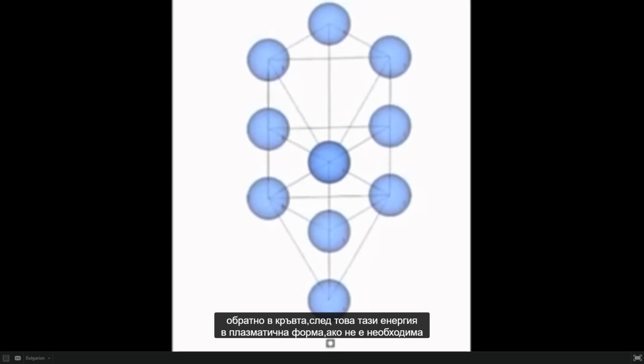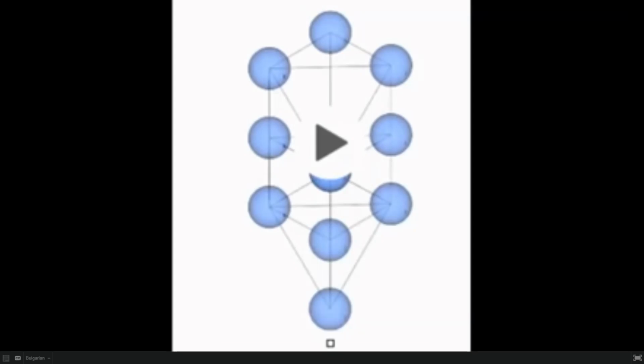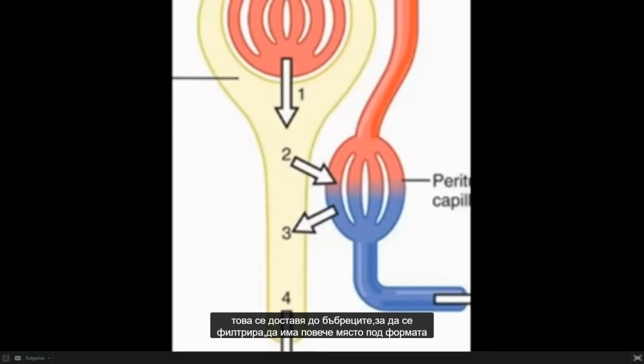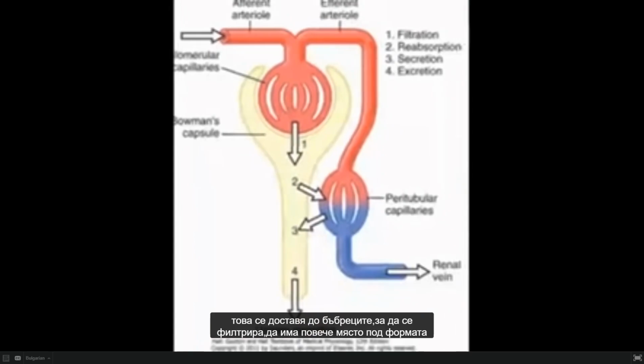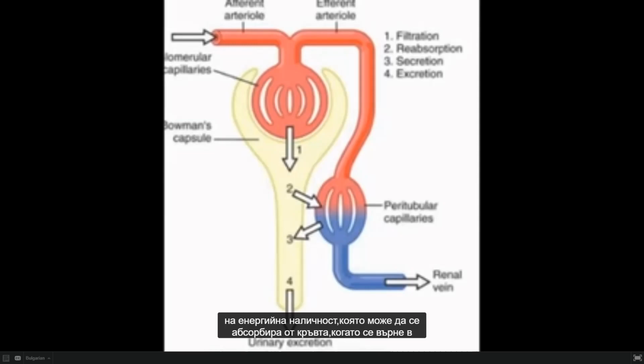Then this energy, in plasmatic form, if it's not needed in the blood circulation, is delivered to the liver. If it can be stored, it's kept there, and then it's delivered to the kidneys to be filtered out, so that there is more space in the form of energy availability that can be absorbed by the blood when it goes back to the lung to be charged up or filled up to go to the brain.